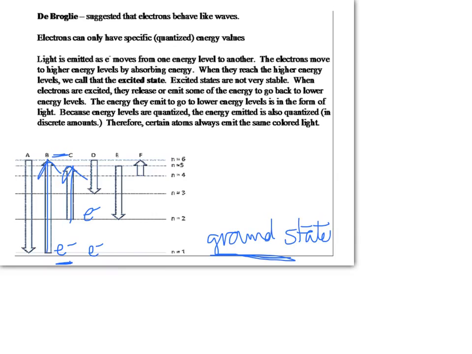Okay? When they're at these higher energy levels, we call them excited, and we call this the excited state. Now, again, think about kids. You give them candy, they start jumping up and down. But then what happens after a little while?